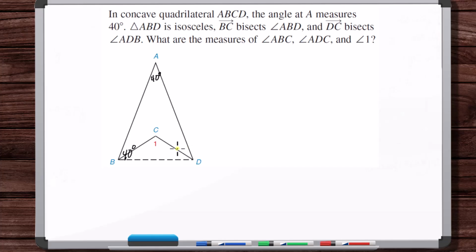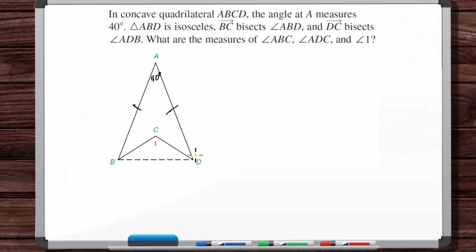Well, this can't be the case, because this is an acute triangle. So we can make the statement that these are the legs, and this is the base of the isosceles triangle.